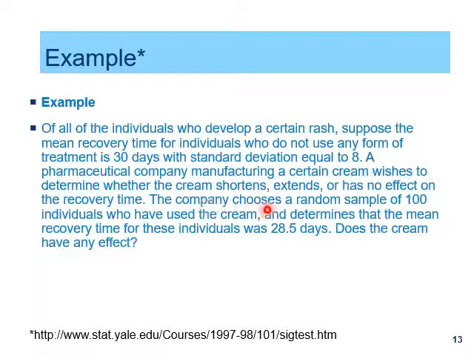The company chooses a random sample of 100 individuals who have used the cream and determines that the mean recovery time for these individuals was 28.5 days. Does the cream have any effect? So we will understand this.